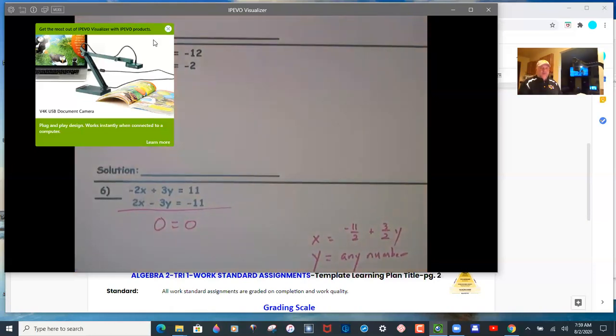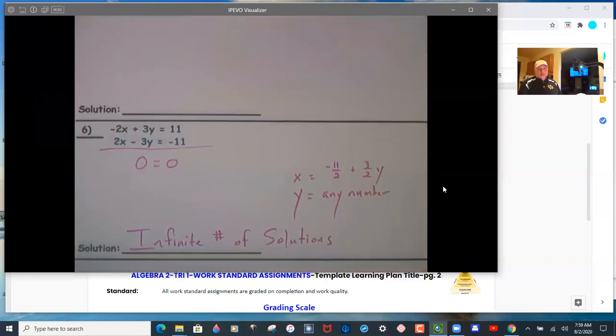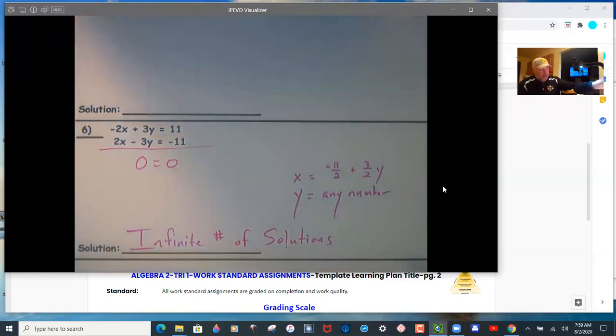So if you needed to tell me, how are the answers going to be? This just comes about, however, you could say x is any number, and then you would solve for a y, or you could say y is any number, then you solve for x on either one. So that's what is happening.